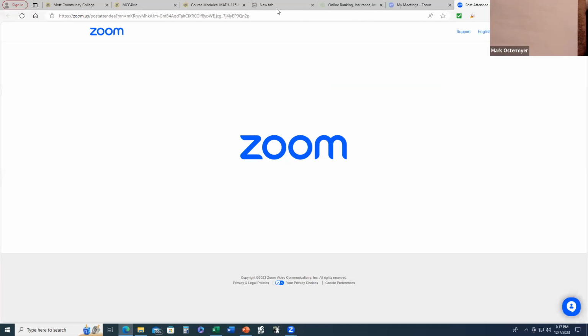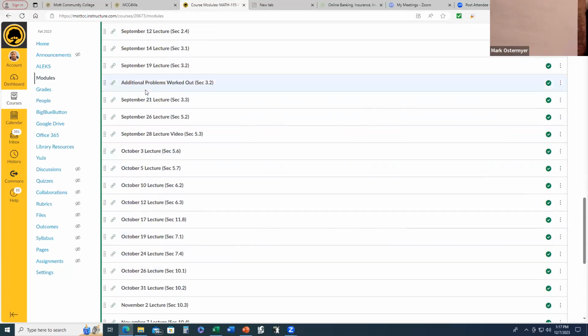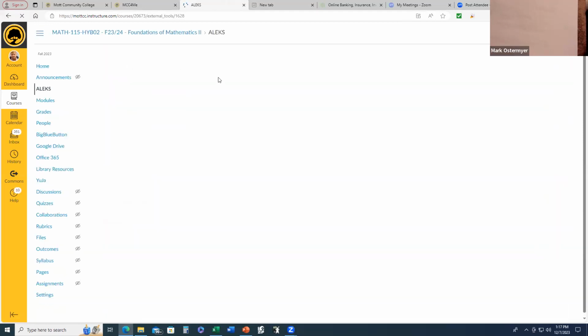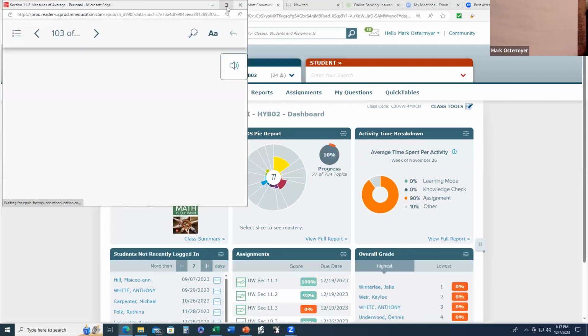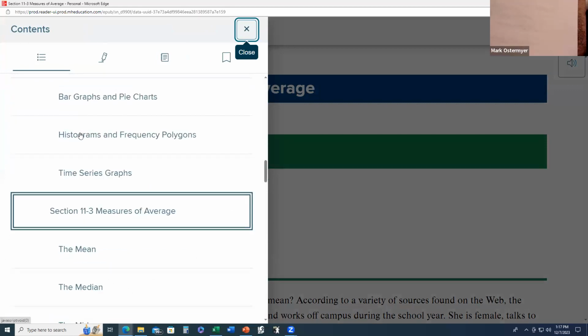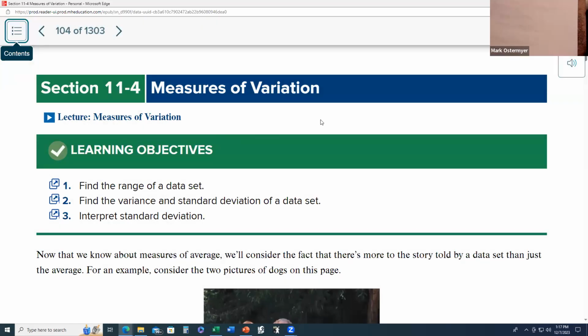All right, ladies and gentlemen, let's go see if we can have some fun in our textbook now. These problems will be coming out of section 11.4. 11.4 is entitled Measures of Variation.